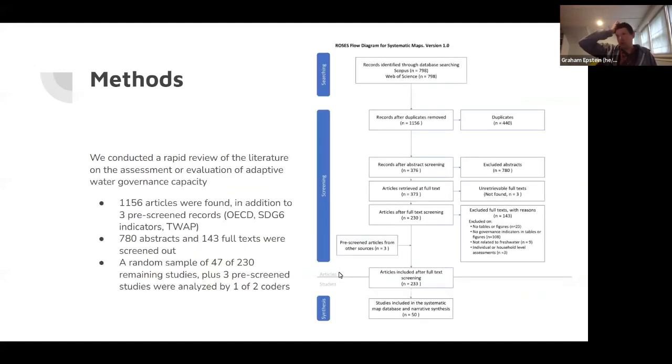So what did we find? Well, what was the process involved in getting down to the studies we reviewed? This is very surprising, and I had to double check this when I looked back because it does seem suspicious, but we actually returned 798 records from both Scopus and Web of Science.